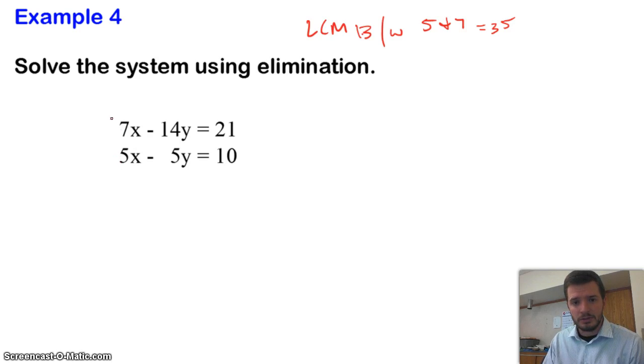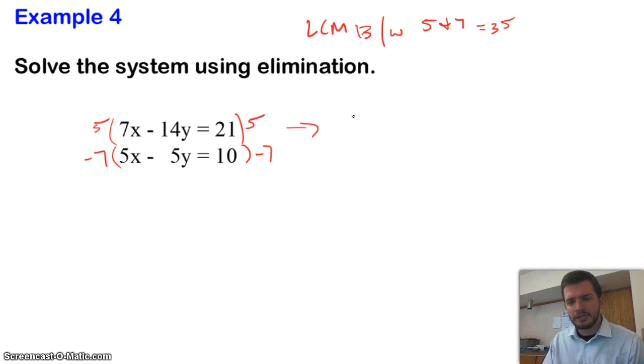So in order to get to 35, I need to multiply this one by 5 on both sides. And this one I'm going to have to multiply by 7, but since I multiplied this top one by positive, I'm going to multiply this bottom one by negative 7. That's just so my x's will actually add up to 0.